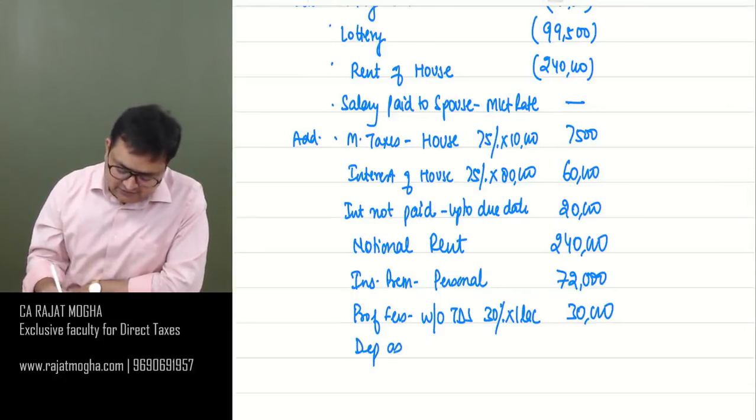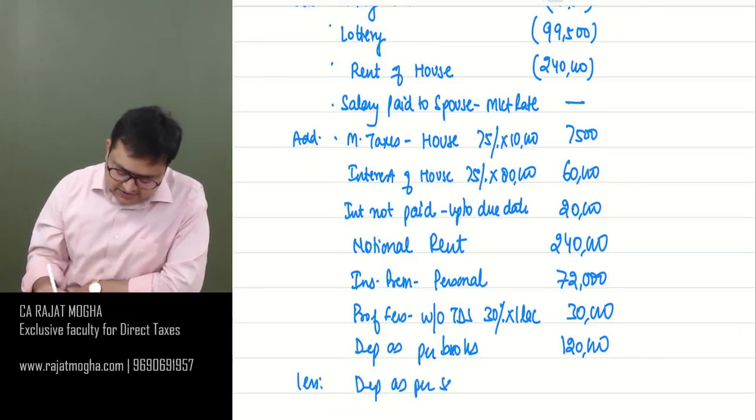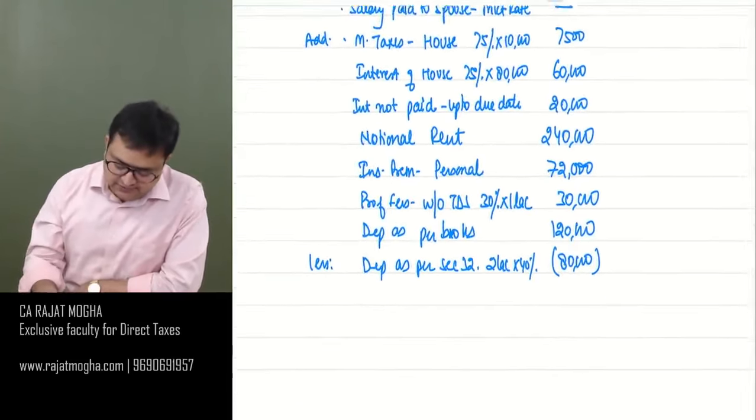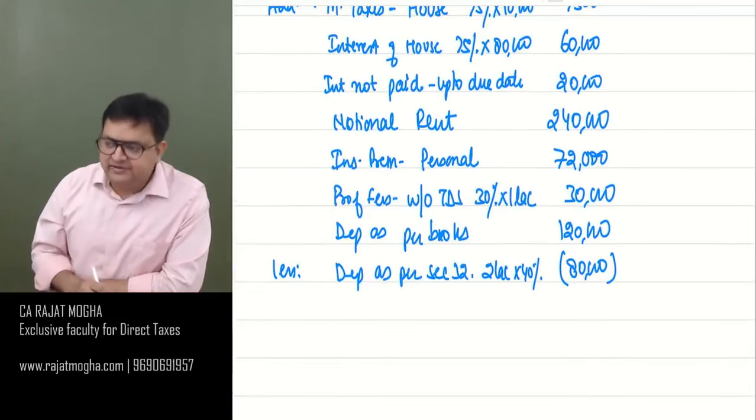Depreciation as per books 120, and then subtract depreciation as per section 32 of income tax. You can write 2 lakh 40%, 80,000, and please show it in negative because now you are subtracting it. So 120 you have added it back. Depreciation you will allow it.